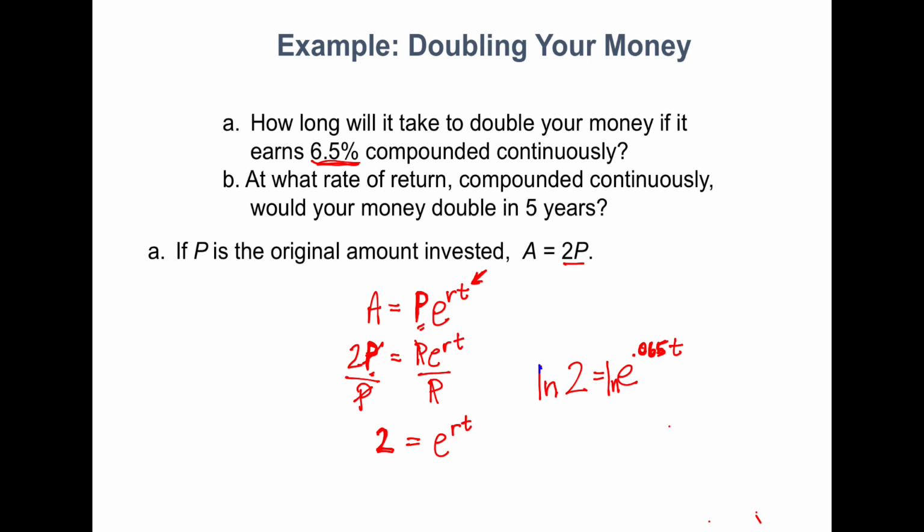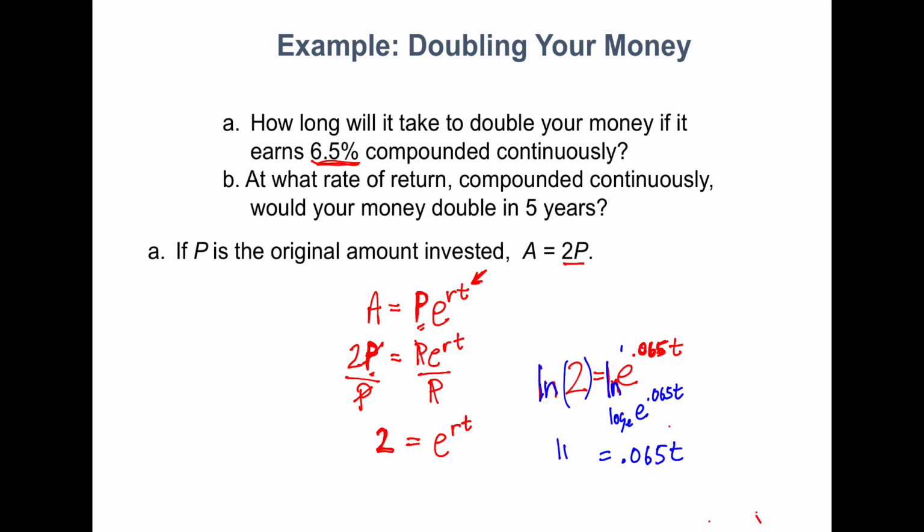All right, so I took the log of this side, and I took the natural log of the other side. And remember, ln of e is log base e of e. And so the e base with the base to the power being the same, that basically gives me the exponent, which is 0.065t.